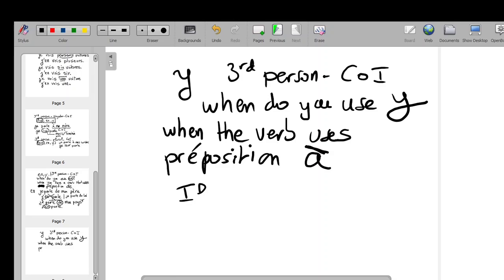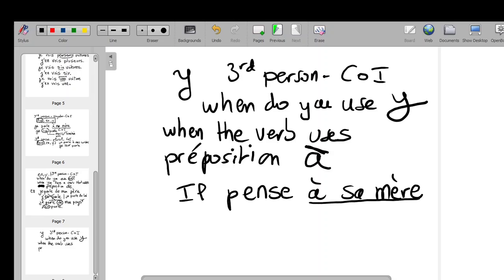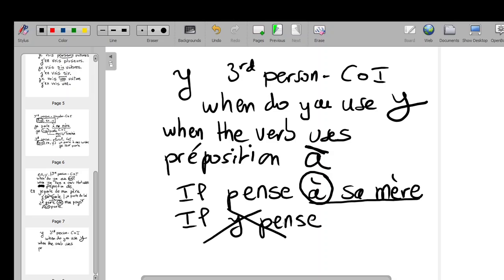For instance, okay, so let's try il pense à sa mère. So à sa mère, COI, third person, and here you have the preposition. Perfect. So you would think il y pense. Again, this is wrong. Do not use y in this context when the COI is a person. So you would say il pense à elle.